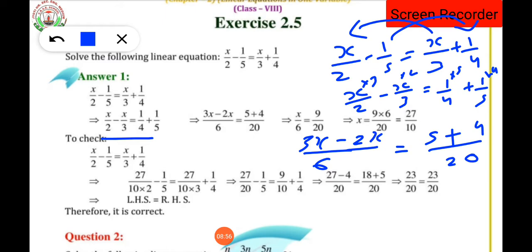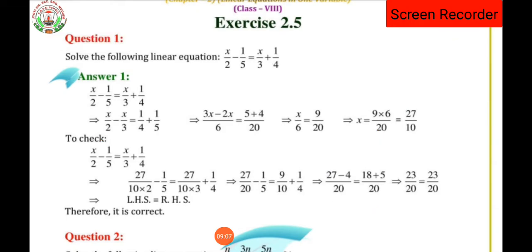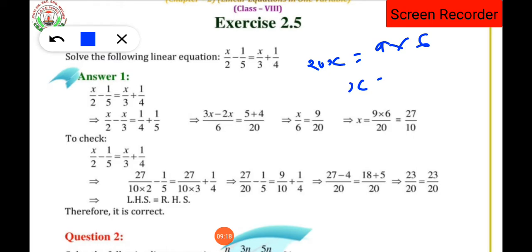Now 3x minus 2x will be 1x upon 6 is equals to 5 plus 4 is 9 by 20. Understood? Now it will be cross multiplied, isn't it? So it will be cross multiplied and become 20x equals 9 into 6. x is equals to 9 into 6 upon 20.